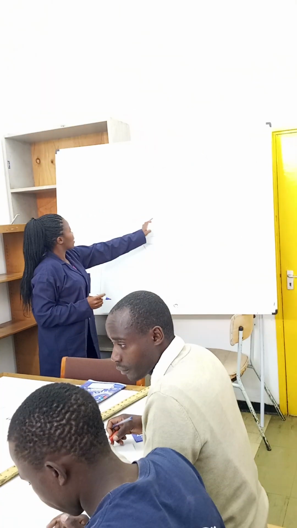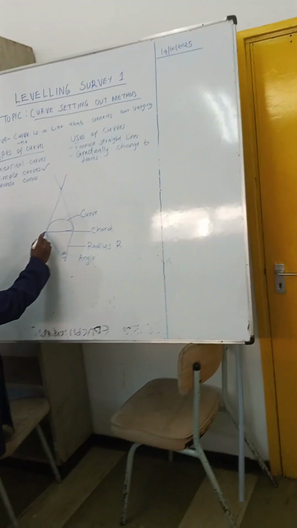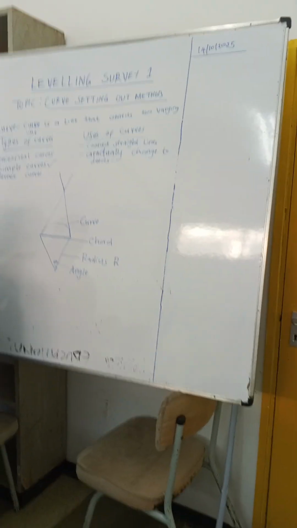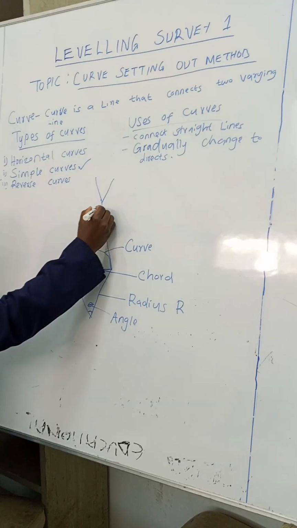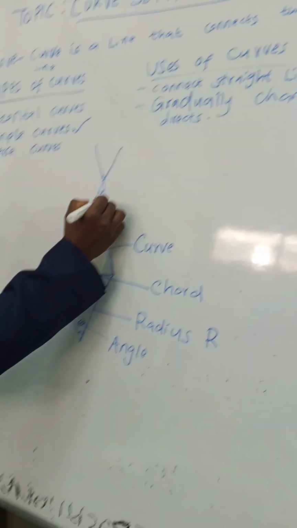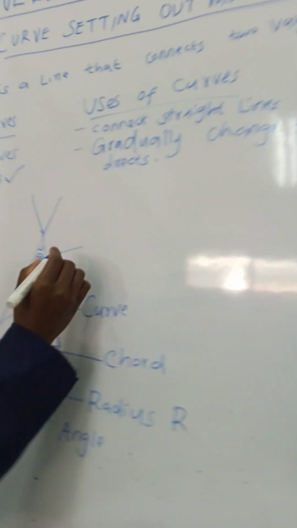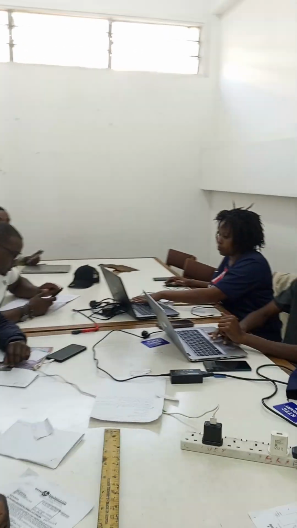These lines intersect at this point where we have a deflection angle. This part is the deflection angle, and this is the point of intersection.